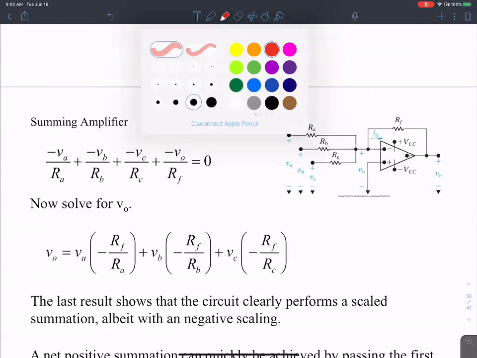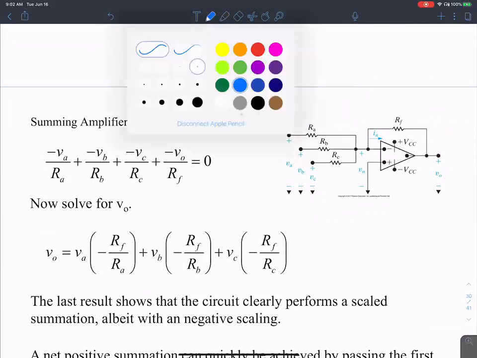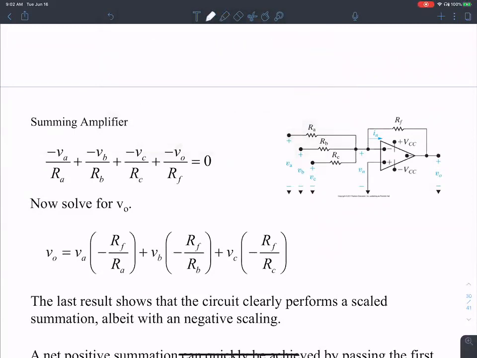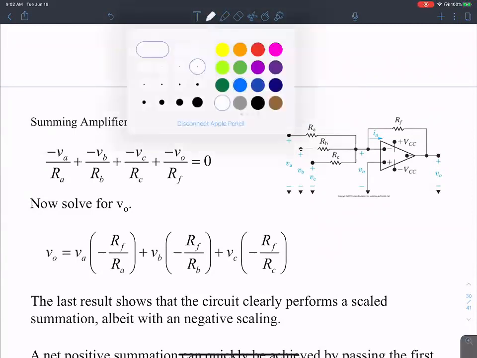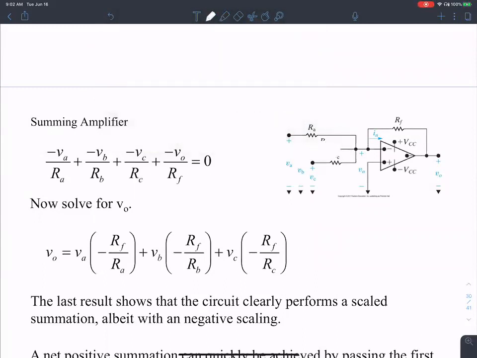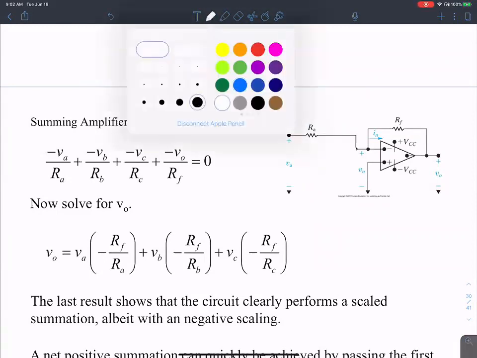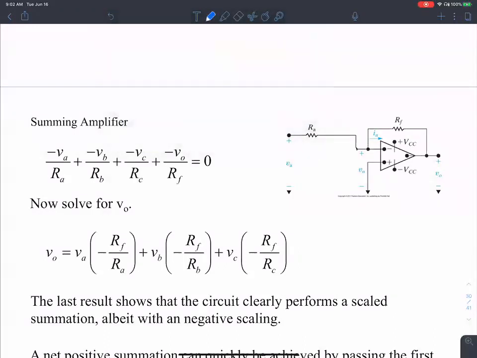And as a matter of fact, if you look at these in isolation for a moment, let me do this. For a minute, what I'm going to do is take away these from the circuit. Then what do you see? All we see is the good old inverting configuration.